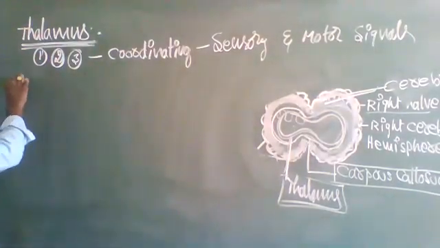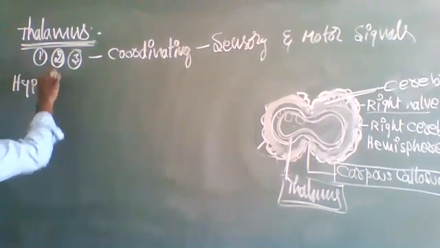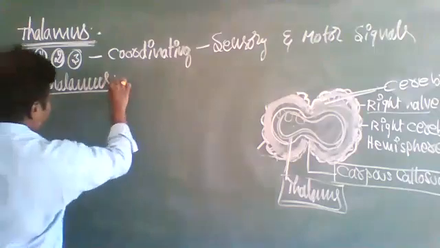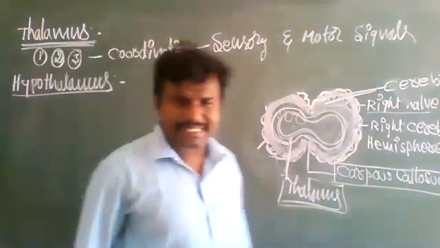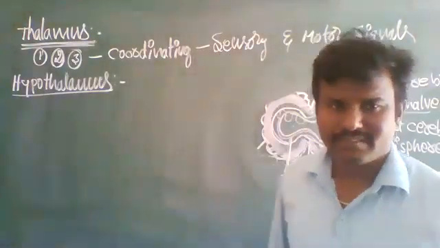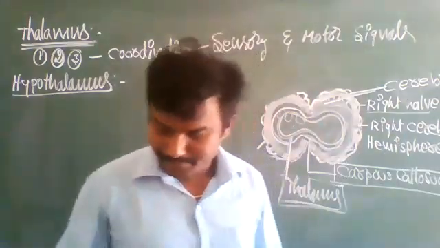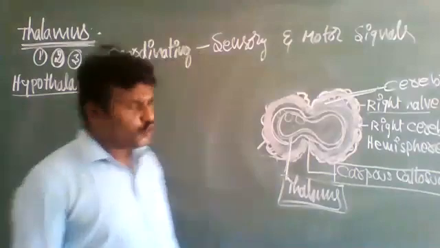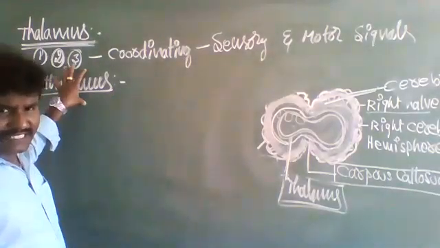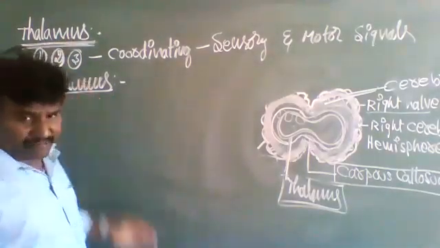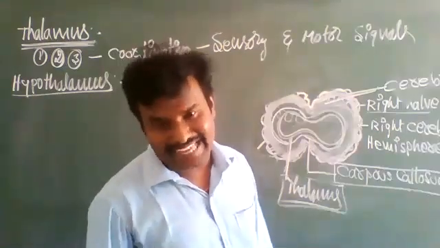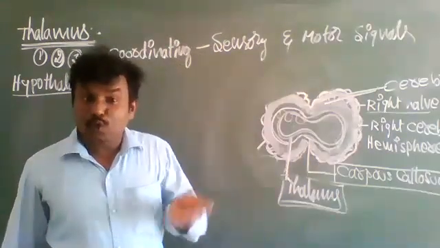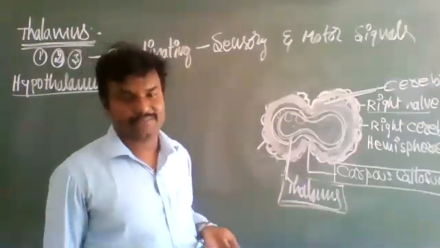Next one is the hypothalamus. The hypothalamus is located beneath the thalamus.